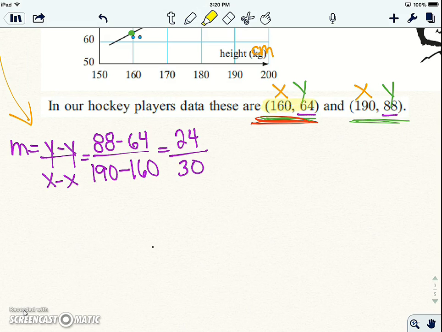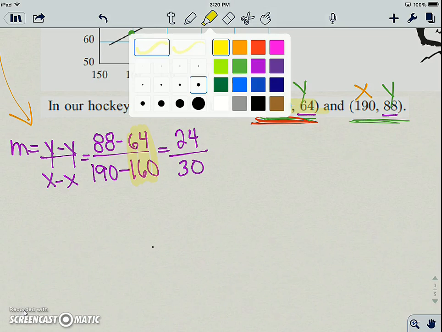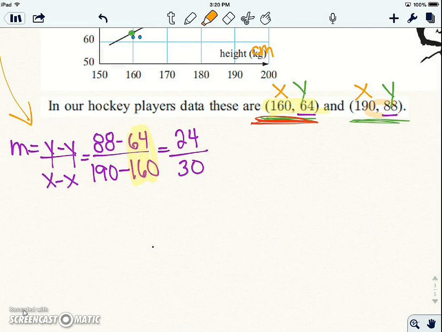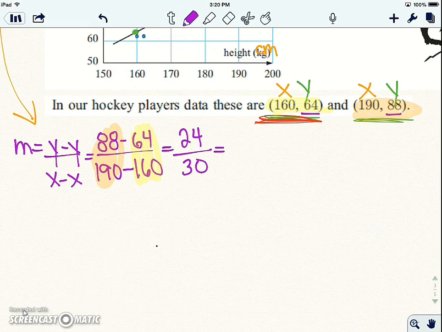Again, that's these 2 points. Make sure they line up, y over x, and then these 2 points, y over x, so y minus y over x minus x, which simplifies down to 4/5. So now I have the slope of my equation.